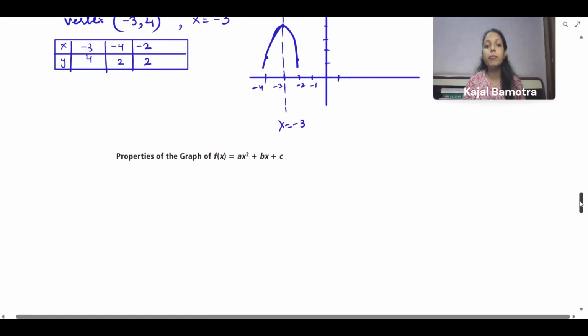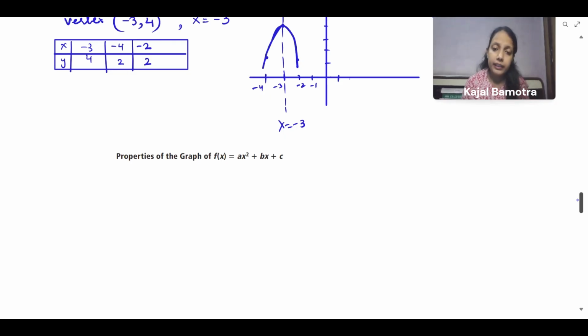Next we have properties of the graph of the function. This is a general quadratic function. If a is greater than 0 or if a is less than 0, is it possible that a is 0? No. Why? Because if a is 0, this term will be gone, so this equation will not be a quadratic anymore.